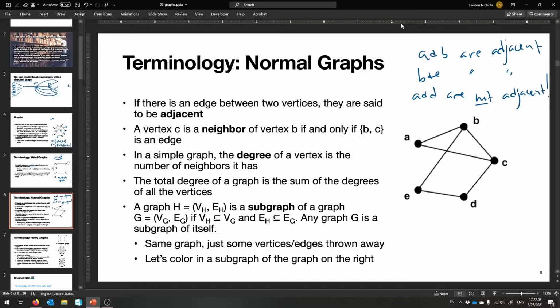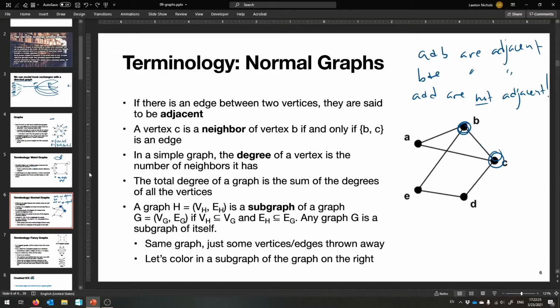Okay, so remember that. Then, similarly to adjacency, we say that vertices are neighbors of each other. Vertex C is a neighbor of vertex B because there's an edge that connects them. That's like the lawn between the houses.